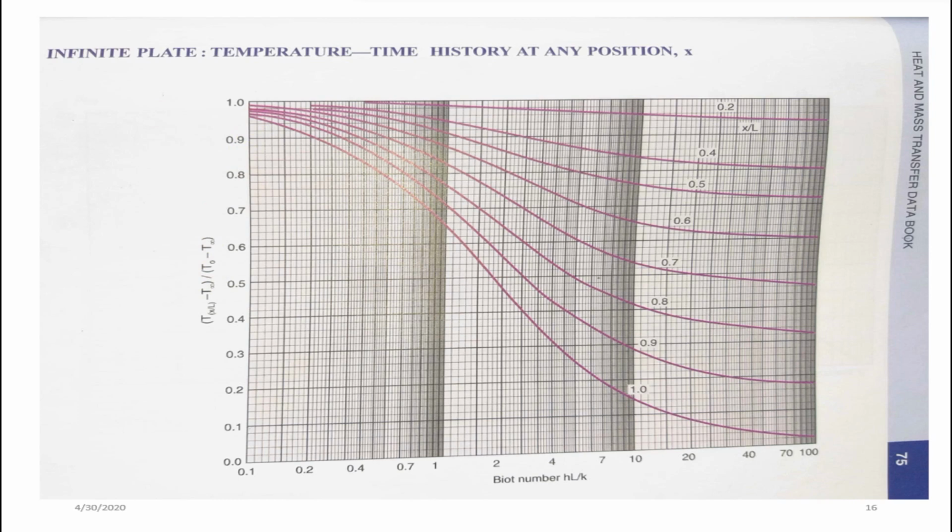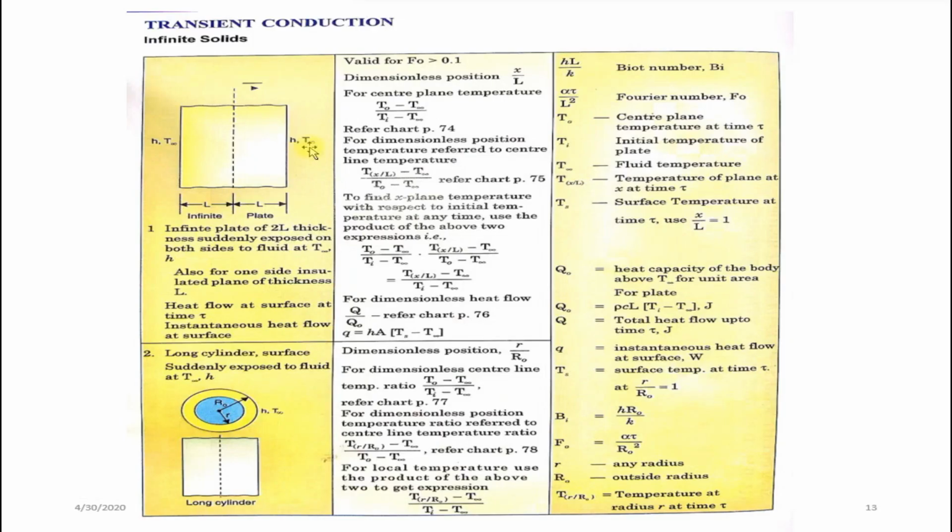With the help of this value you can find out T0 minus T infinity divided by Ti minus T infinity, because there is a formula here: T0 minus T infinity divided by Ti minus T infinity, into T of x by L minus T infinity divided by T0 minus T infinity, equal to T of x by L minus T infinity divided by Ti minus T infinity. In that RHS value you have all the values, and just now we have found T minus Ta divided by T0 minus Ta.